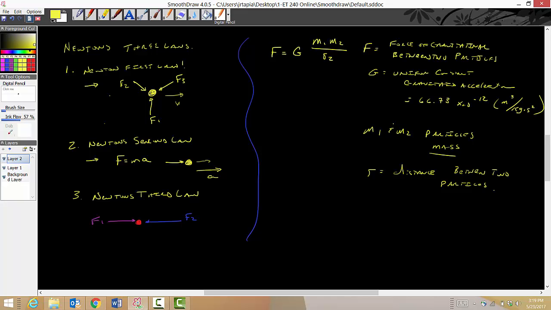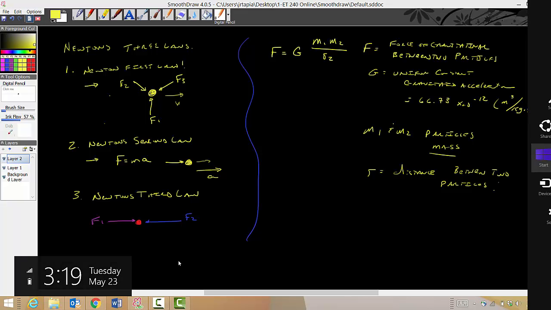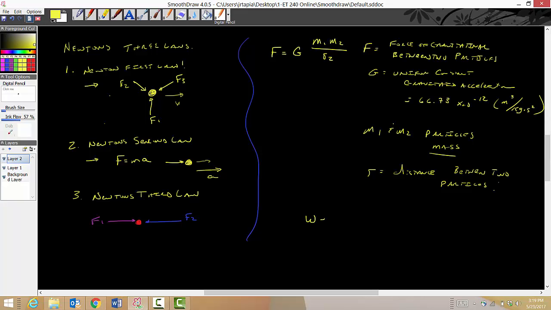So if you're thinking about this, you can use this equation, assuming Earth to be a non-rotating sphere of constant density, mass 2 is equal to mass 1 is equal to the mass. We can get this going, and we come up with this equation. I'm not going to derive it right now, but we can say that W is equal to mg.